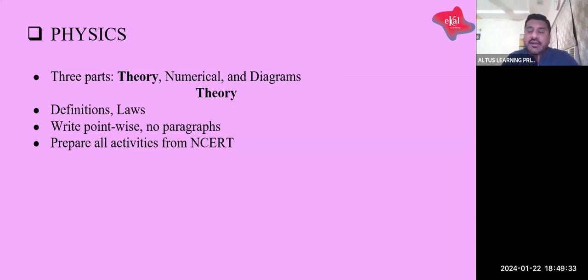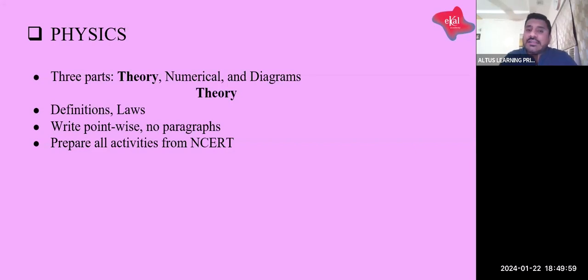When you write in a paragraph format, the examiner may not be able to find the keywords, and the examiner may understand that the child has not written the keywords, or the examiner may find it difficult to read the whole answer. So always write your answer in points, not in paragraphs. This is for 3 marker and 5 marker questions.